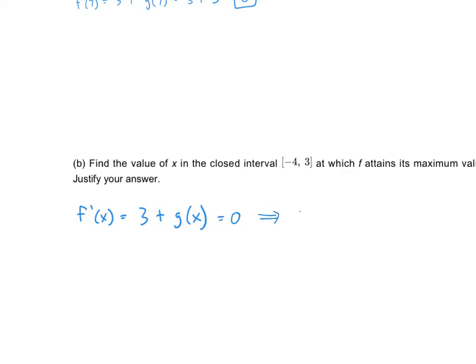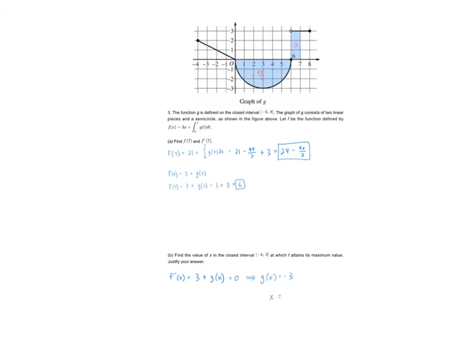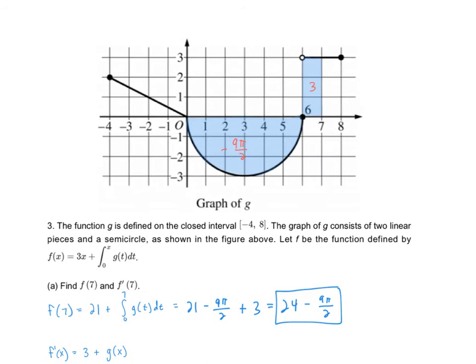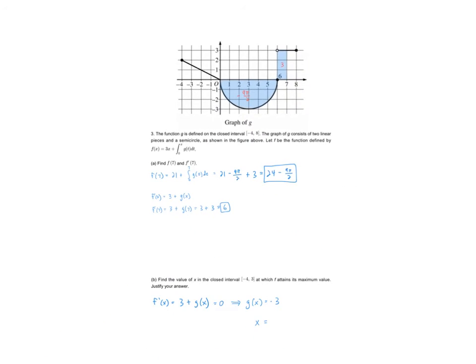If we do that, g of x has to equal -3. And that happens when x equals 3. So x equals 3 is the only place where g equals -3.